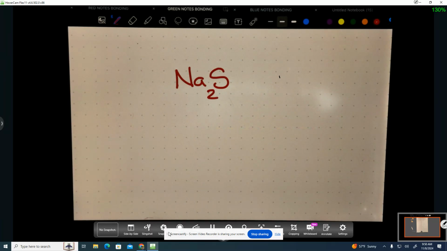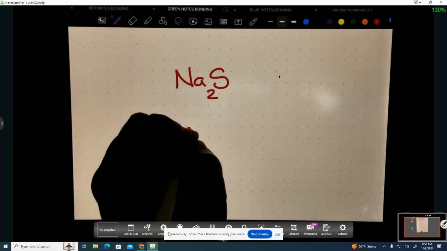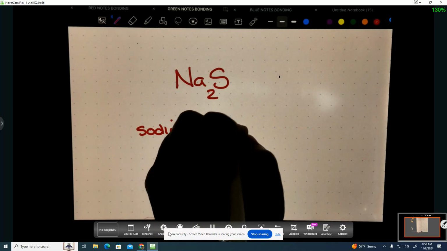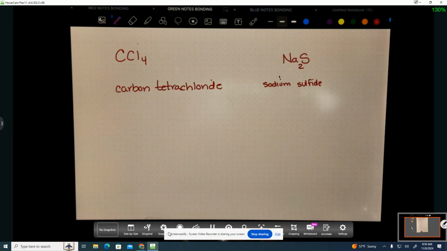Okay. First question you should be asking yourself, is it ionic or is it covalent? So this is sodium sulfide. Does it need a Roman numeral? No, because sodium is a +1. Okay, that's what's going to happen, and that's what makes this so hard. You have to remember all the things we've done before.